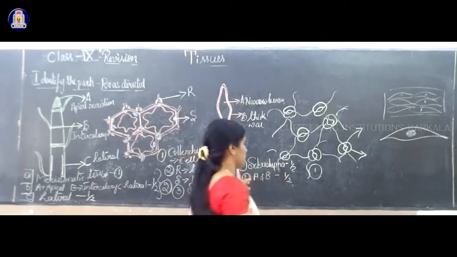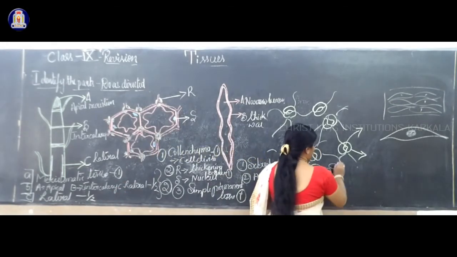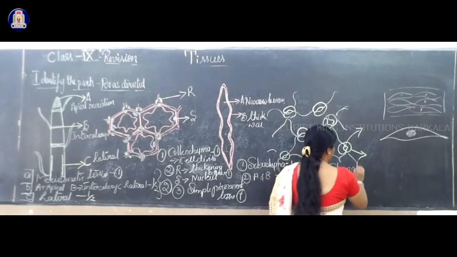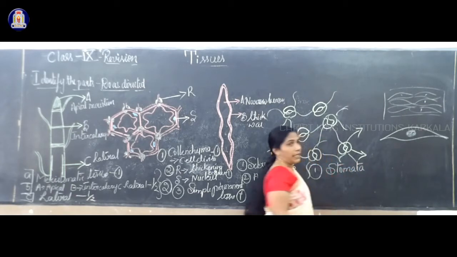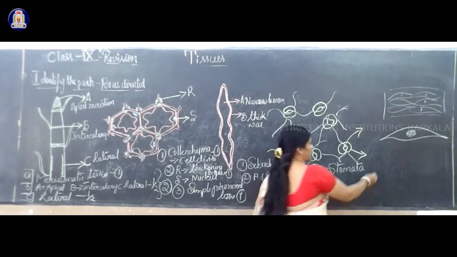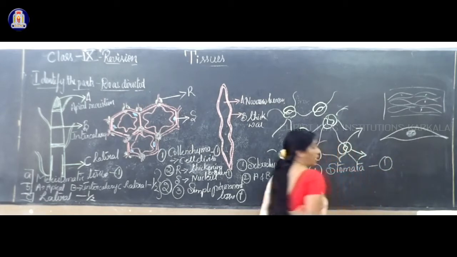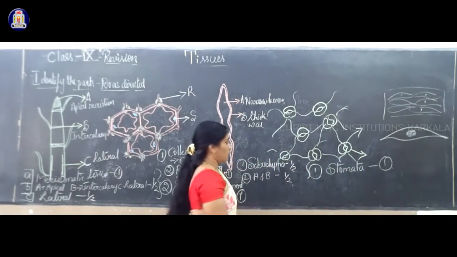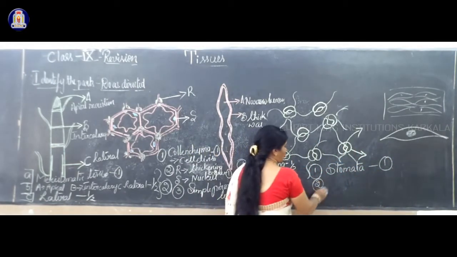What is it? It is called stomata. Can you see it with the unaided eye? No. So that's why it is stomata, a tiny opening and closing structure, a tiny hole.